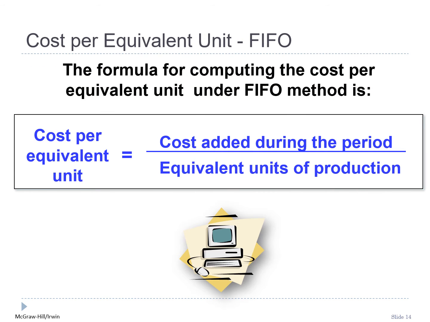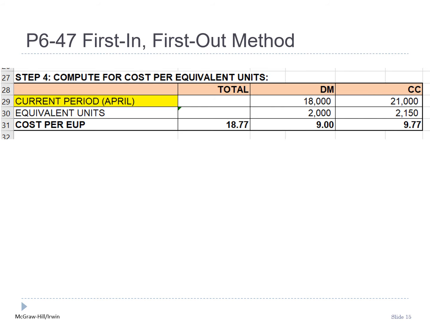Step 4 is to compute for the cost per equivalent unit. So, diniscuss ko kanina na kapag FIFO, ang numerator lang natin is current period cost o yung cost added during the period. I-divide natin doon sa EUP computed doon sa step 2 using yung FIFO principle. So, yan. Okay, so ito yung computation ng cost per EUP.